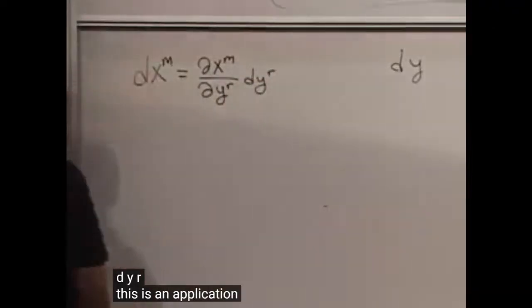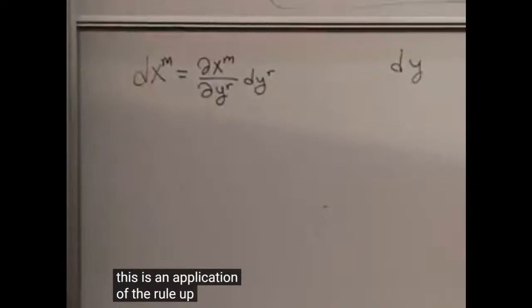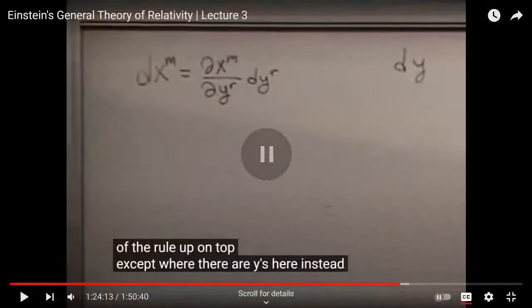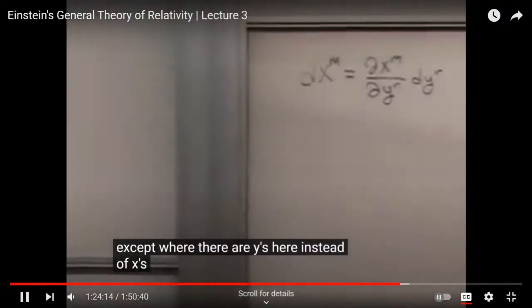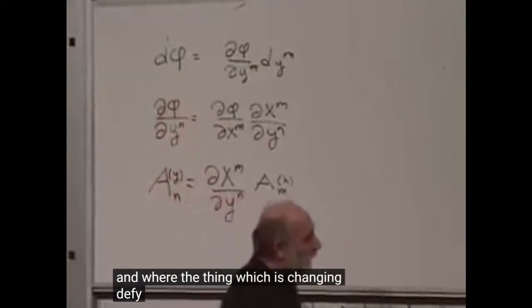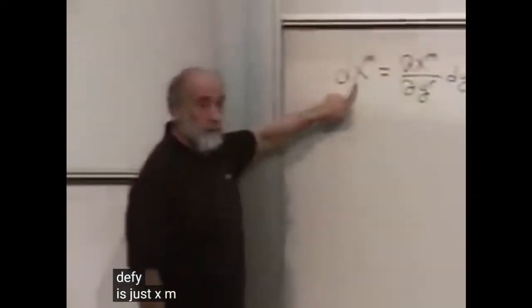Right. This is an application of the rule up on top, except where there are y's here instead of x's, and where the thing which is changing, d phi, is just xm.